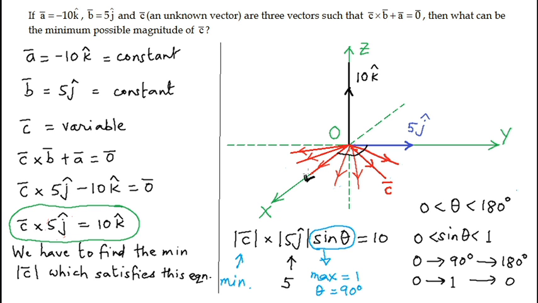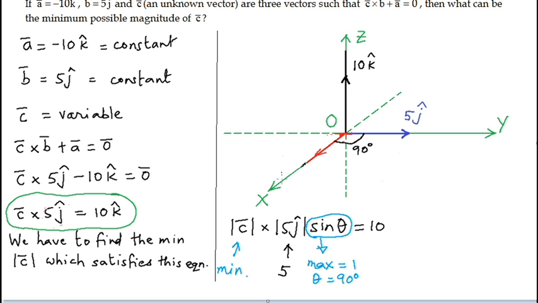It is this particular direction which yields the maximum value of sine theta, that is 1, and simultaneously it yields the minimum value of mod c bar, which means that the minimum value of mod c bar is obtained when c bar points in this particular direction. So all that now really remains is to find what this minimum value is.